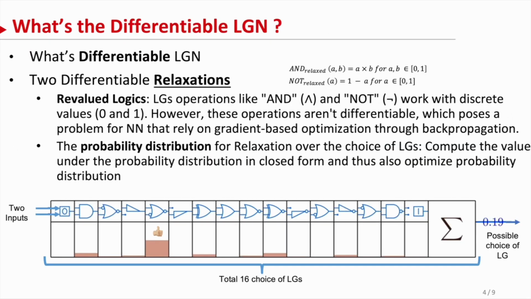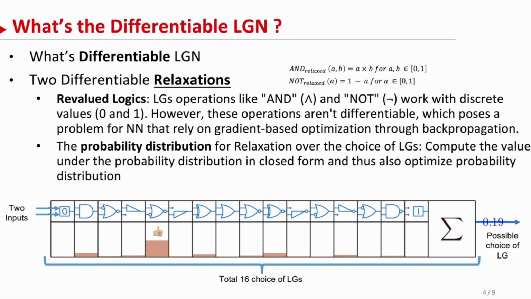So what is a differentiable logic gate network? The authors give two ideas, and they use relaxations. The first is real-valued logic. For me, it's pretty straightforward. They give you an example for AND and NOT.